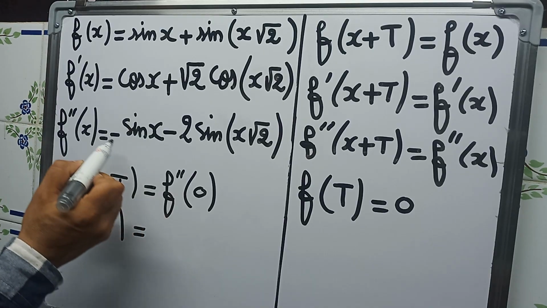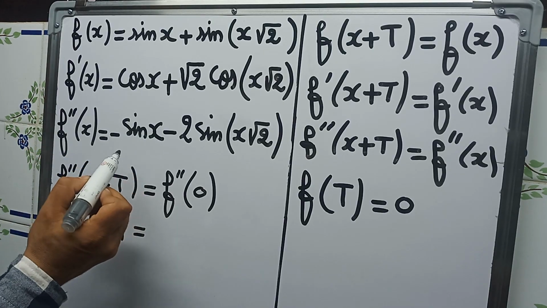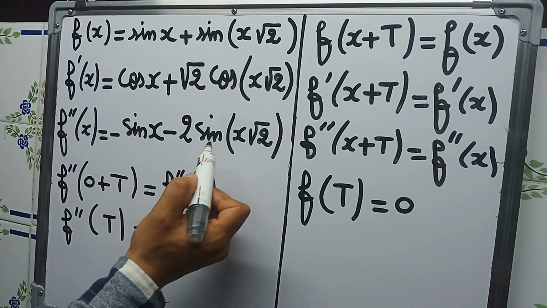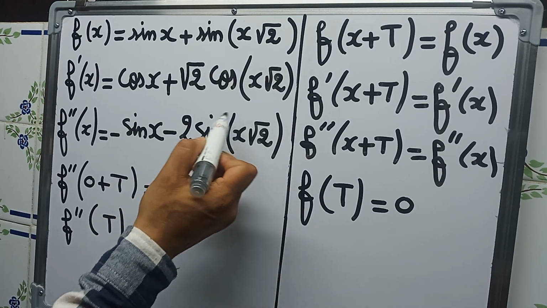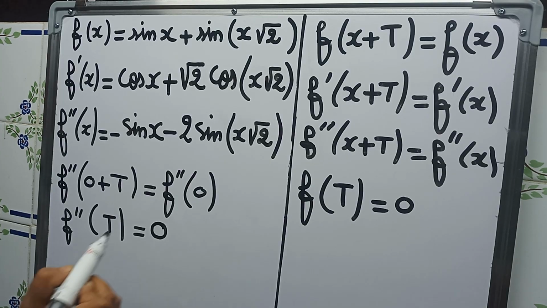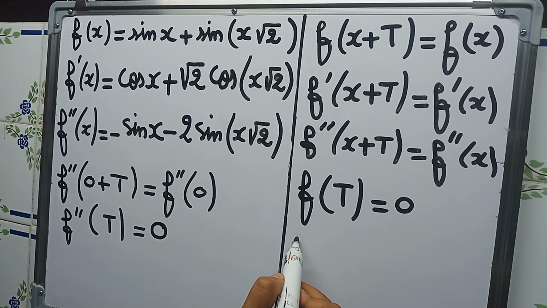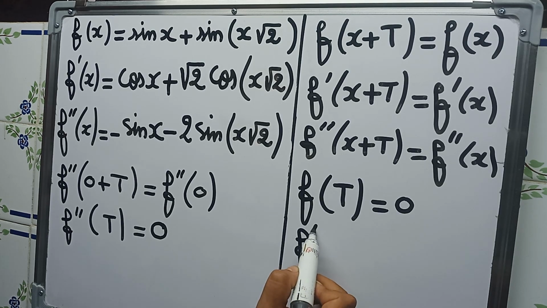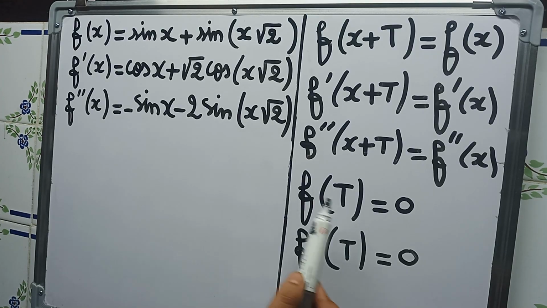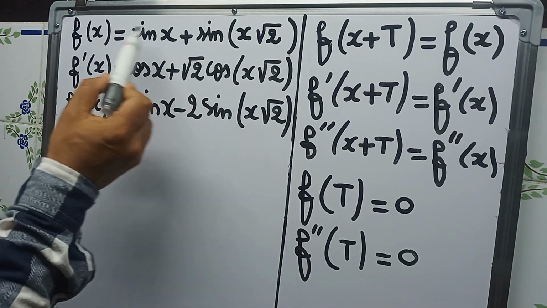And f double prime of 0, if we plug 0 here, we will have minus sine of 0, which is just 0. And sine of 0 square root of 2 also is 0. So this number is just equal to 0. So we have f double prime of t is equal to 0. Now plug in t here. F of t is equal to 0.